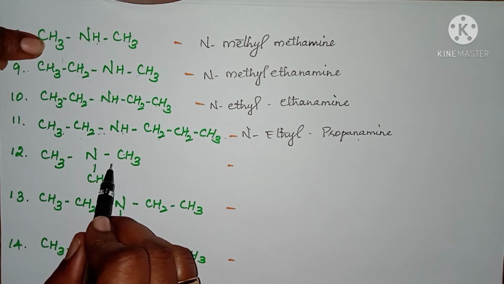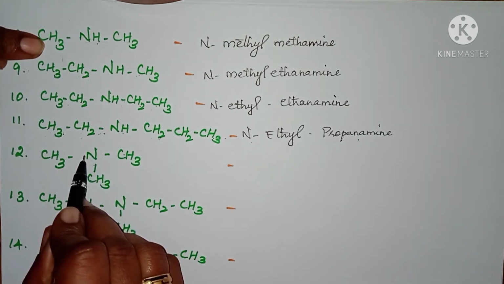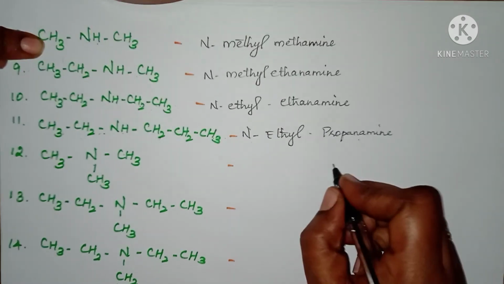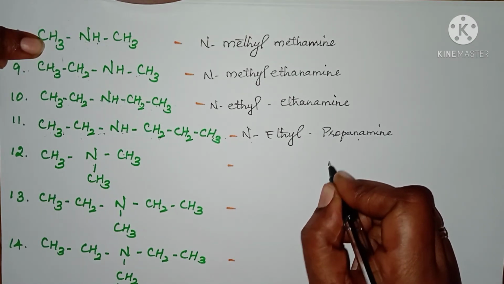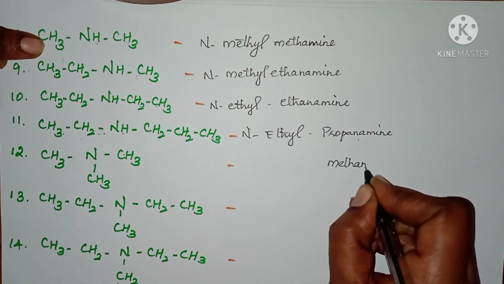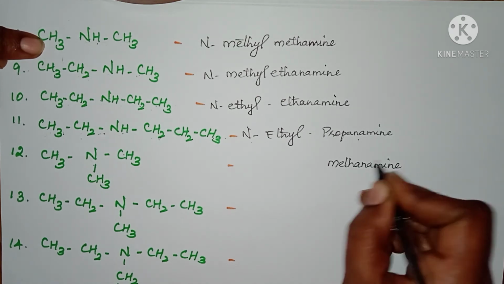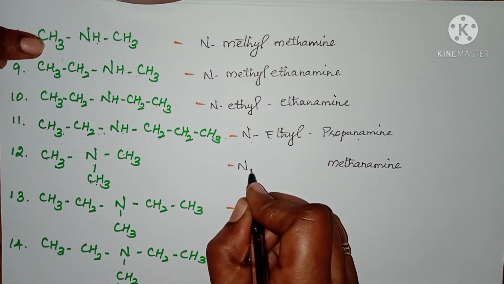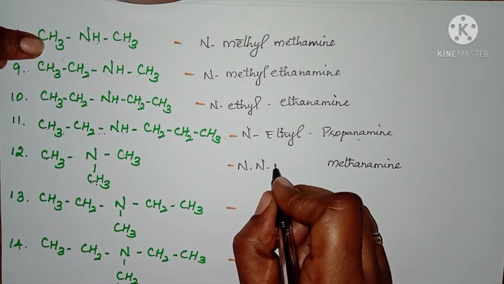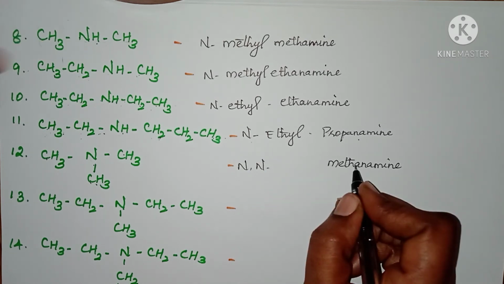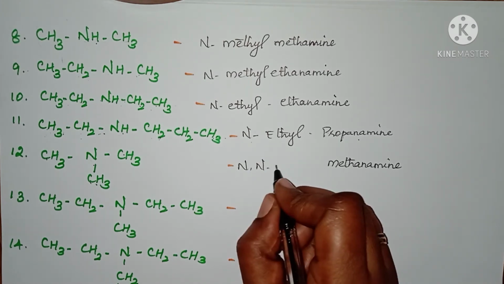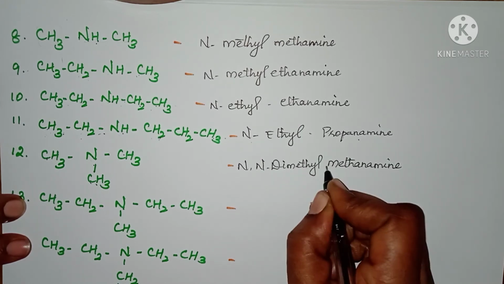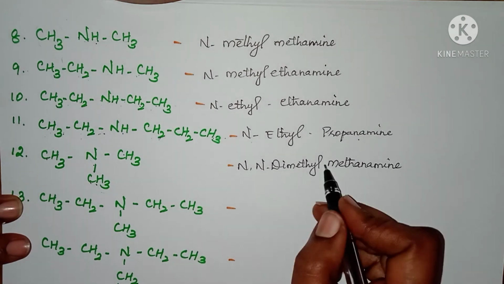The first group you name is methanamine; only one part you take as the priority. Methanamine. Now here both methyl groups are attached. That means N,N-dimethyl methanamine. That is what I mentioned.